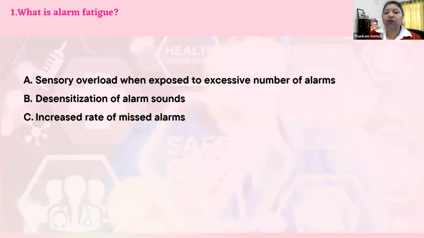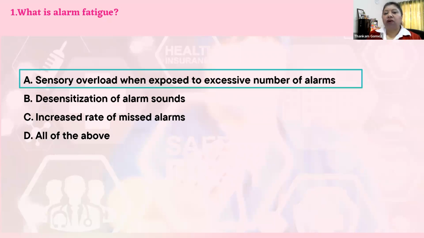I'm going to go through this slightly faster. I am aware of the timing. Here the answer is sensory overload when exposed to an excessive number of alarms. It is almost like that story where the shepherd keeps shouting every day when he's bored that the tiger is coming, the tiger is coming.